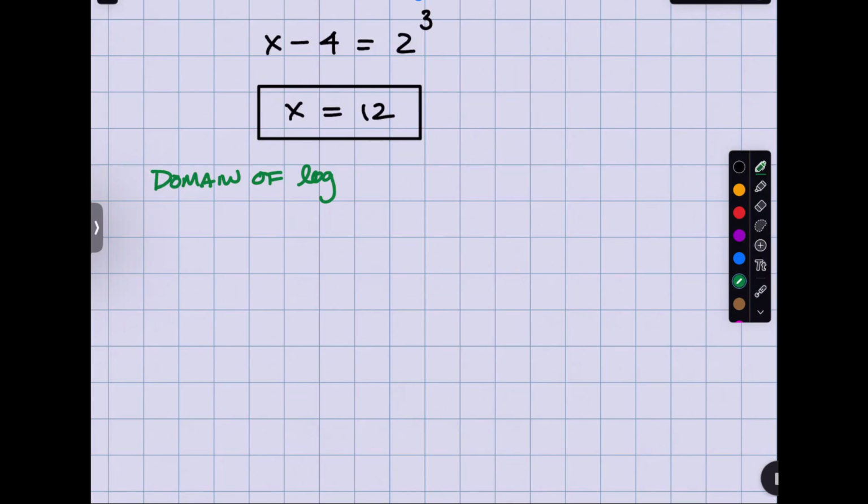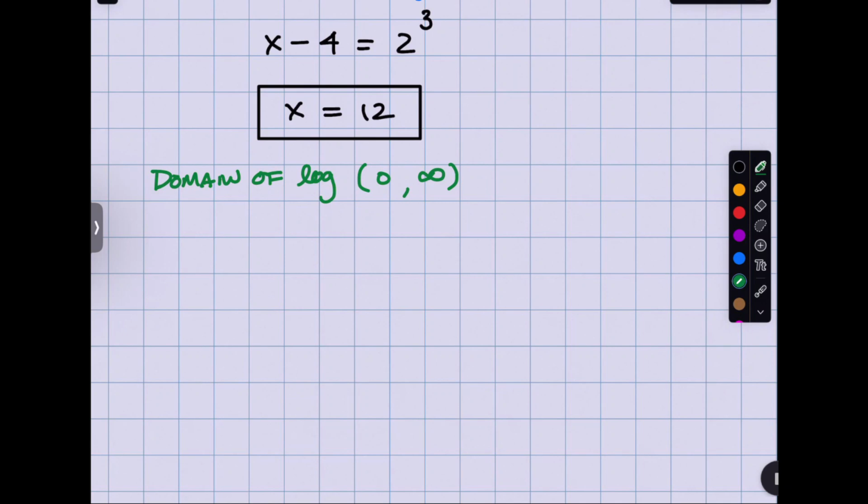It's in your notes. What's the domain of a log function? Zero to infinity. So it says 0 to infinity, not including 0.